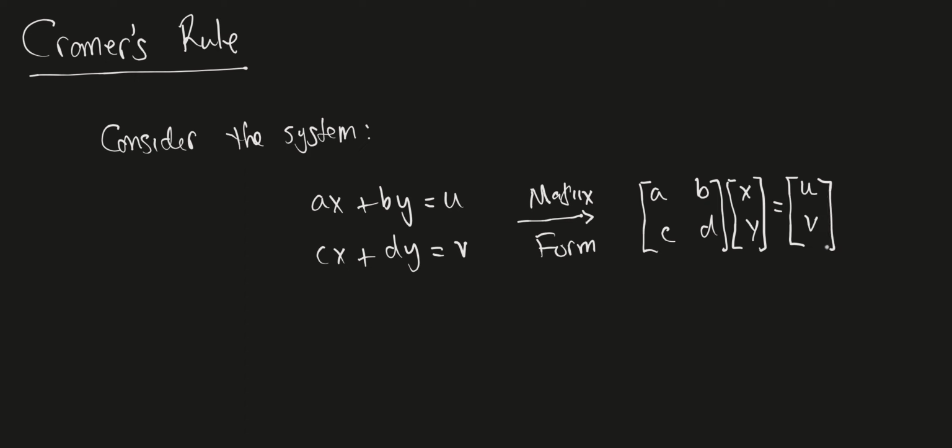So here's the matrix form of this system. And what I'm going to do is just solve this system like we normally did, before we knew about all these fancy things. So I want to eliminate, so let's start by trying to eliminate the y.